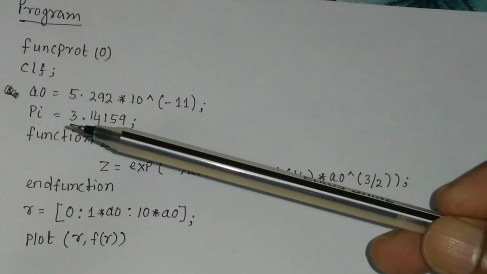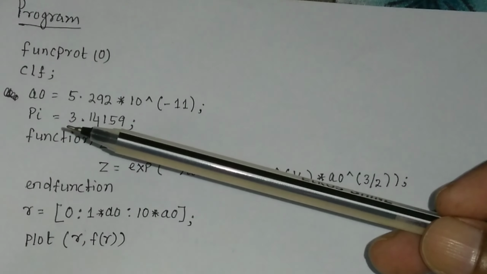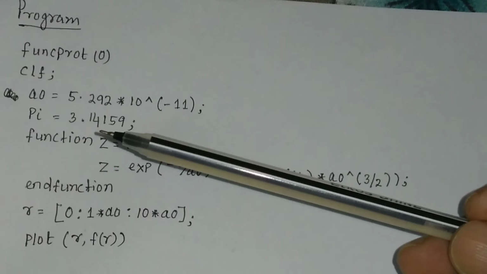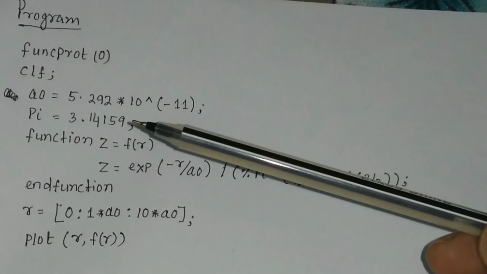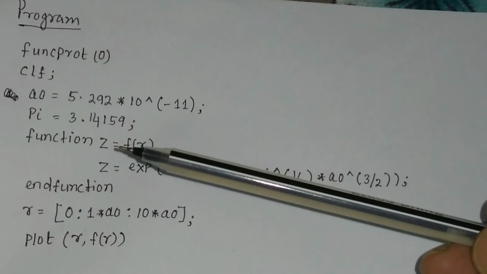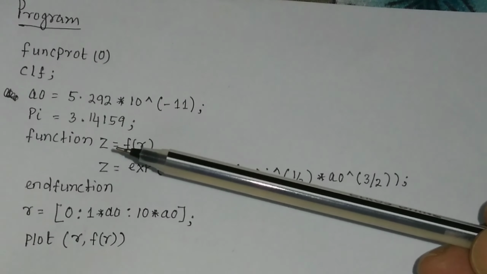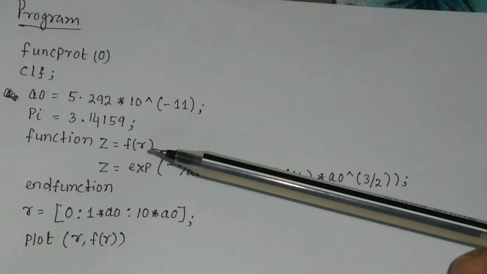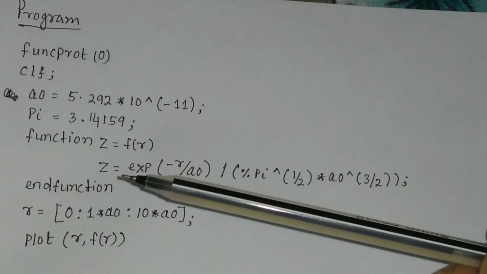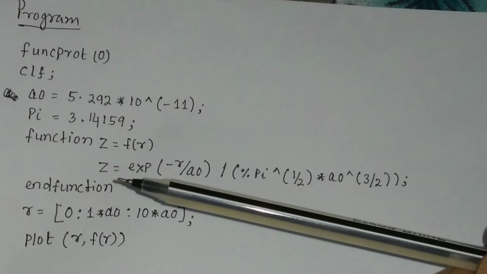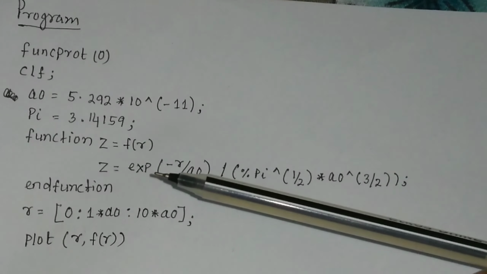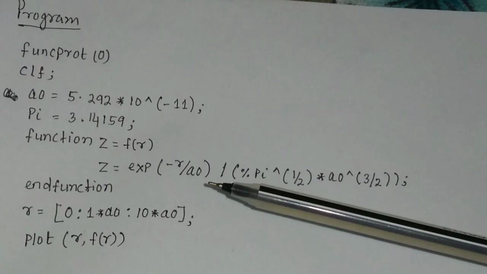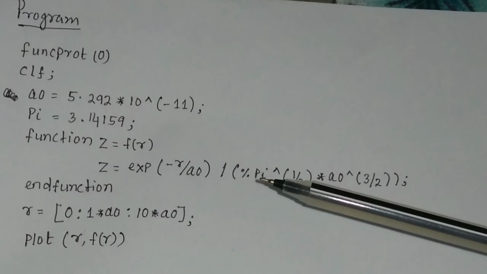For pi in Scilab you write pi equal to 3.14159, and the function, here I have taken the wave function psi as z, so z is a function of r, and you write the expression for psi, that is z, equal to exponential of minus r divided by a naught, whole divided by square root of pi.